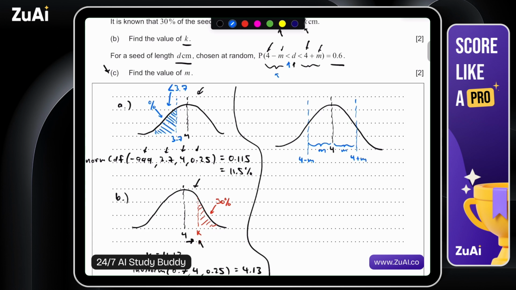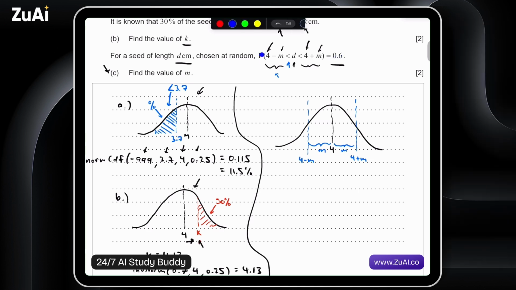And this last point of this 0.6 is saying that the probability that we're within the range where d is greater than 4 minus m and d is less than 4 plus m is equal to 0.6. Or, what we've seen before, this is the area or percentage under the curve.